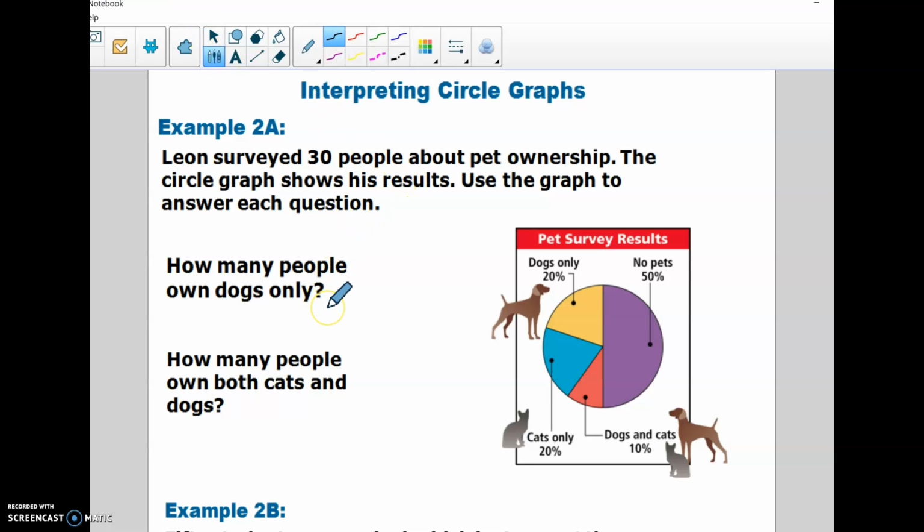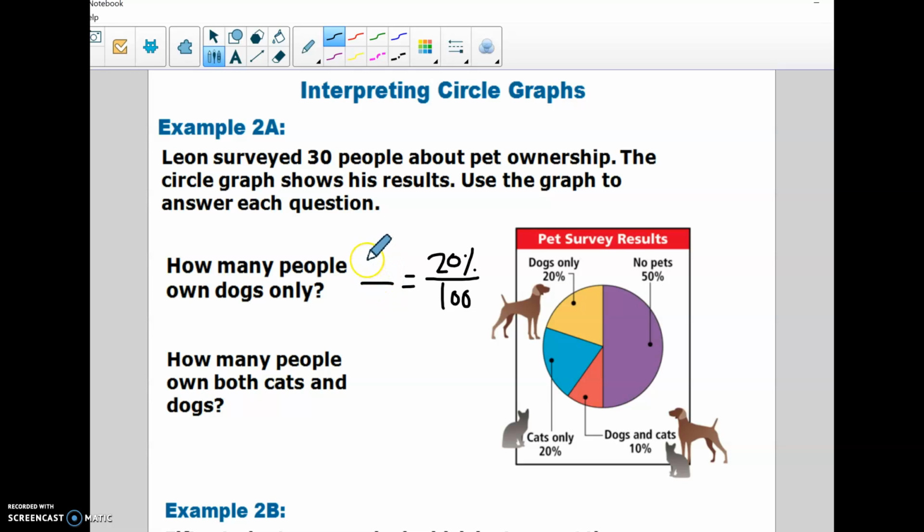How many people own dogs only? Some people on accident say 20%. But they're asking not what percent, but how many people. So I'm going to set up a proportion. It's 20% over 100 on the right side. This is a percent proportion, and this side would be part over whole.